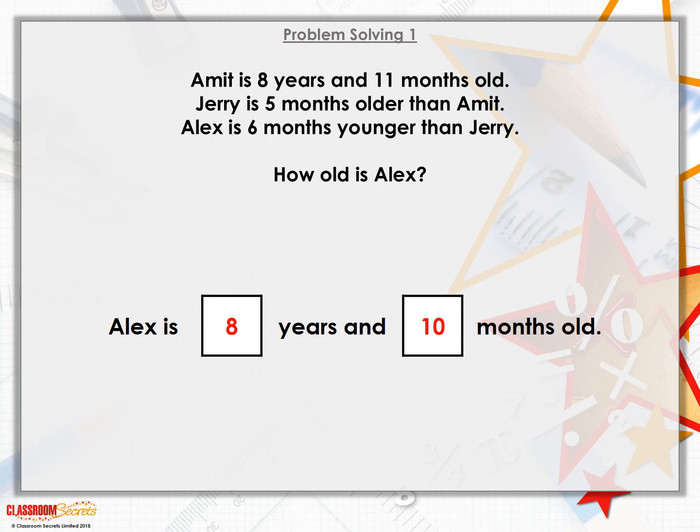Hopefully you got that first part of the question correct. Now to work out Alex's age, we need to take away 6 months because he's 6 months younger than Jerry. So remember, Jerry was 9 years and 4 months. We're going to take 6 months away from that. So that means that Alex is 8 years and 10 months. Hopefully you got that one right.